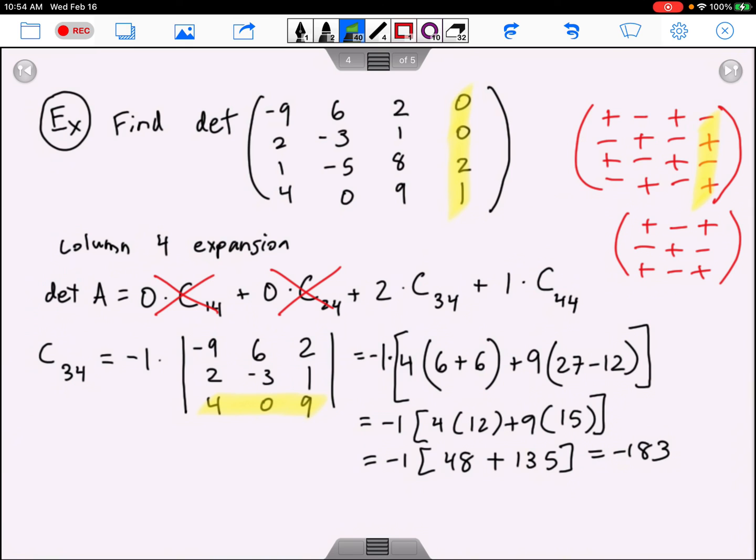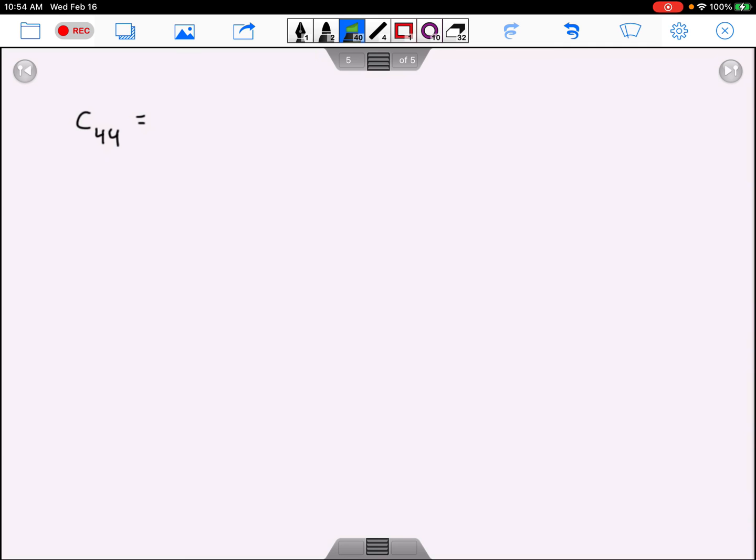Okay, so it's going to look like this. It's going to be +1 times the determinant of the 3x3 matrix that we get. So that would be -9, 6, 2, 2, -3, 1, 1, -5, 8.